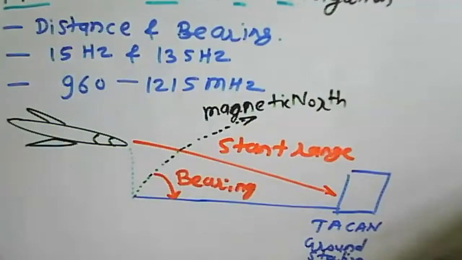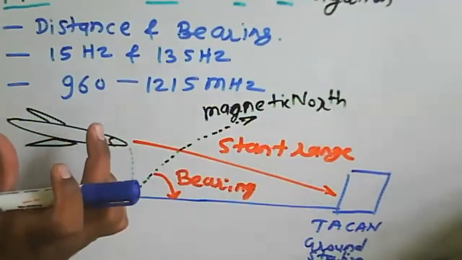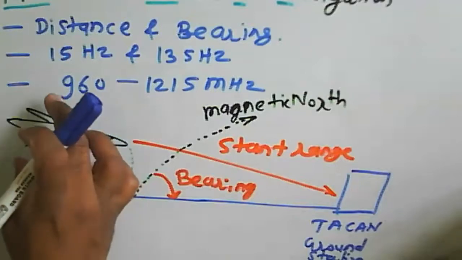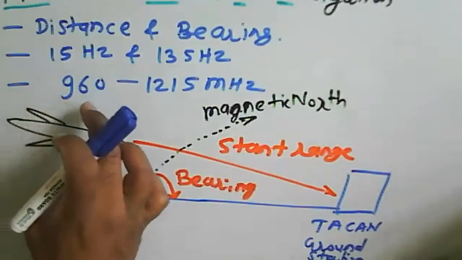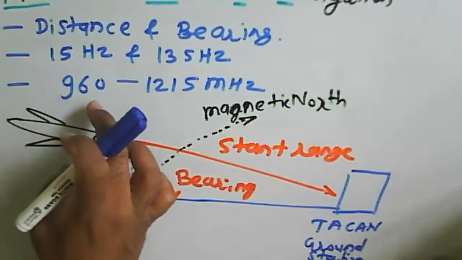So in a TACAN, it has a transponder. It will transmit the signal, and similarly in the aircraft it has an interrogation pulse that will be transmitted there.